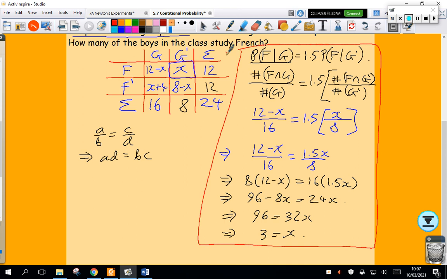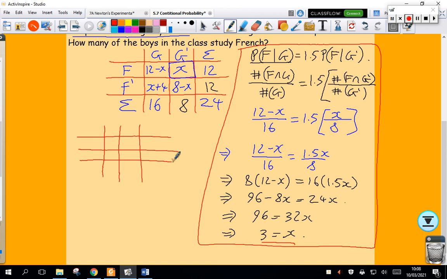So now we can put that into the contingency table, into a Venn diagram, and answer the question. Actually, I already know the answer to the question is 3, but we'll come back to the question in a moment. Finished, completed contingency table. What does it look like?